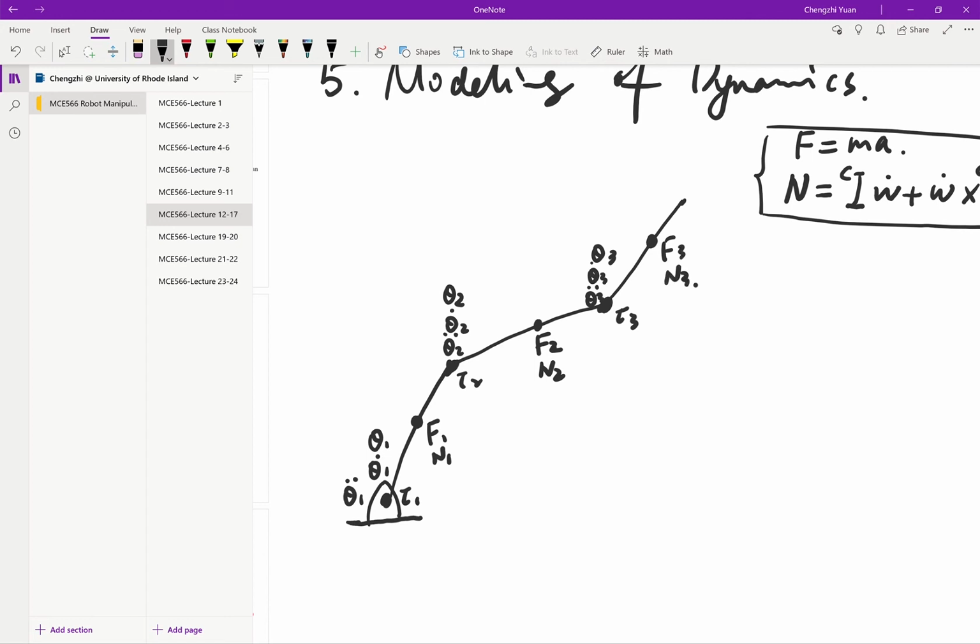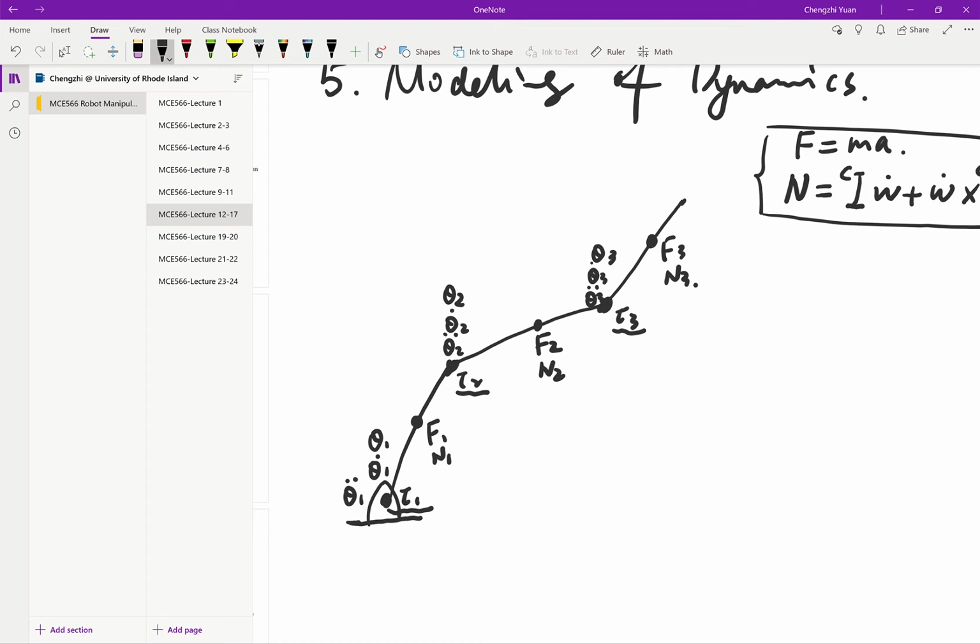Then we can go back and recalculate how much torque you have to generate by the first joint, the second joint and the third joint in order to generate the overall external force, capital F1, capital F2, and capital F3.